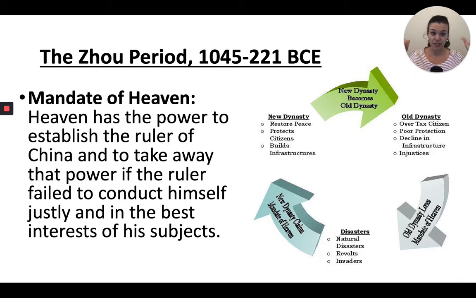So heaven, the god, has the power to establish the ruler of China and to take power away from that ruler if they have failed to conduct themselves justly and in the best interests of their subjects. So every time we see a turnover in dynasties, you see this justification.